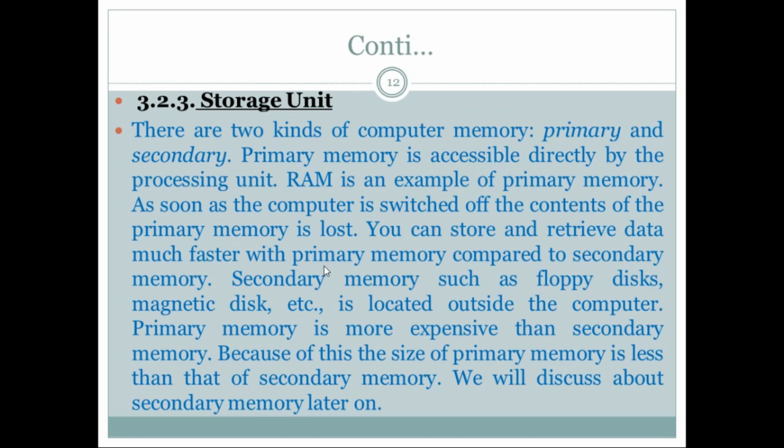You can store and retrieve data much faster with primary memory compared to secondary memory. The secondary memory, such as floppy disks and magnetic disks, is located outside the computer. Thus, primary memory is more expensive than secondary.